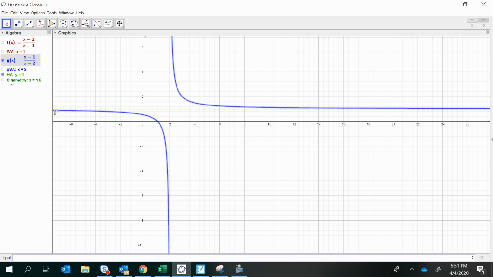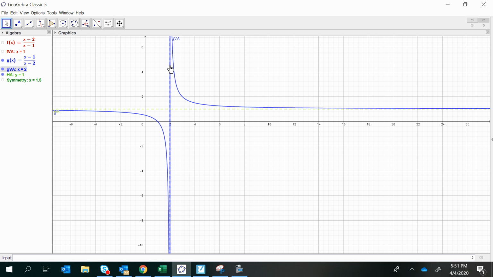So here's my vertical asymptote for g. As x approaches the vertical asymptote from the left, my y values are going towards negative infinity. And as I move away from my vertical asymptote towards negative infinity, my function values are getting very close to the horizontal asymptote, but staying less than y equals 1.